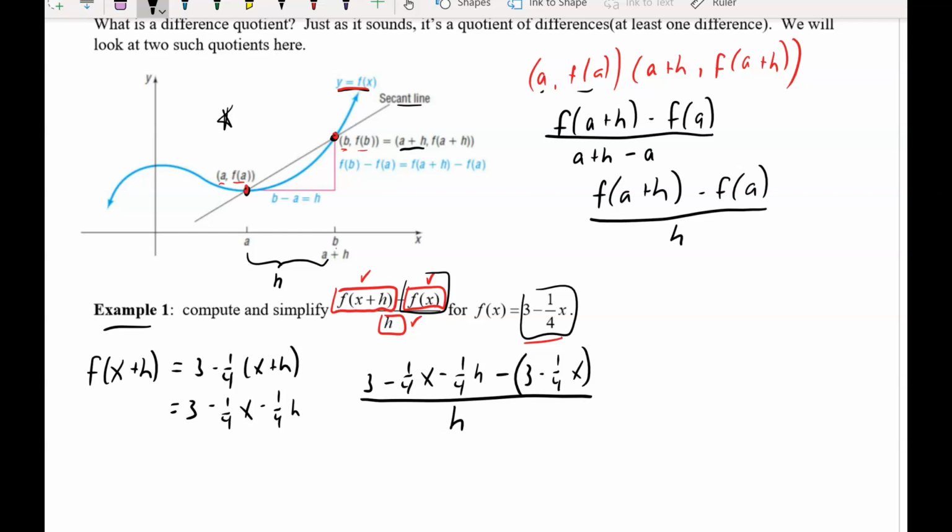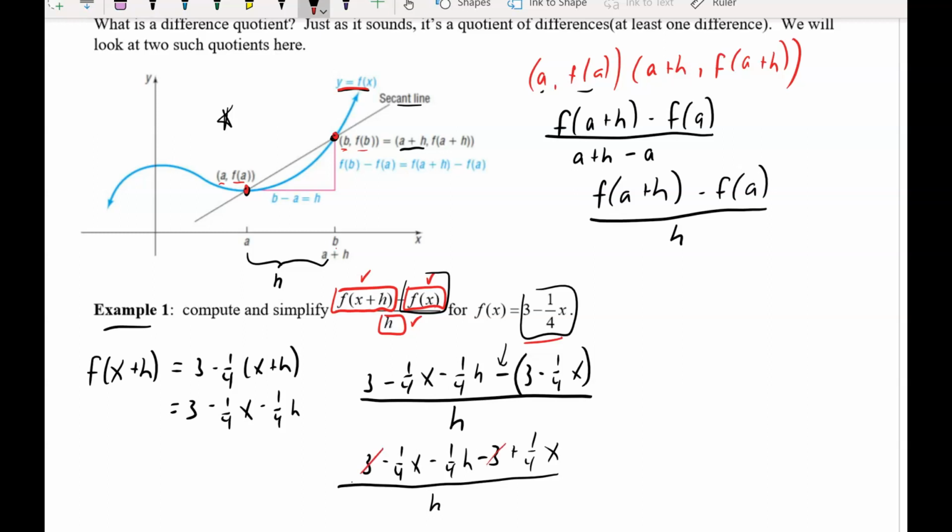Let's distribute this negative sign right here. And so we have 3 minus 1/4 x minus 1/4 h minus 3. And then this gets distributed to the minus, so it's plus 1/4 x. And that's all over h. Okay, now you can see a couple cancellations. 3 minus 3 is 0.